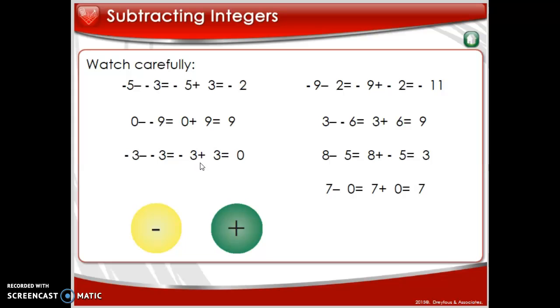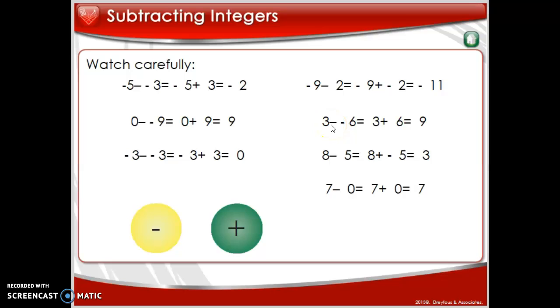Negative 3 plus positive 3. Different signs, make the subtraction and it equals 0. Negative 9 minus 2. Negative 9 plus negative 2. Same signs, make an addition, it is 11, and negative plus negative, the result is negative.